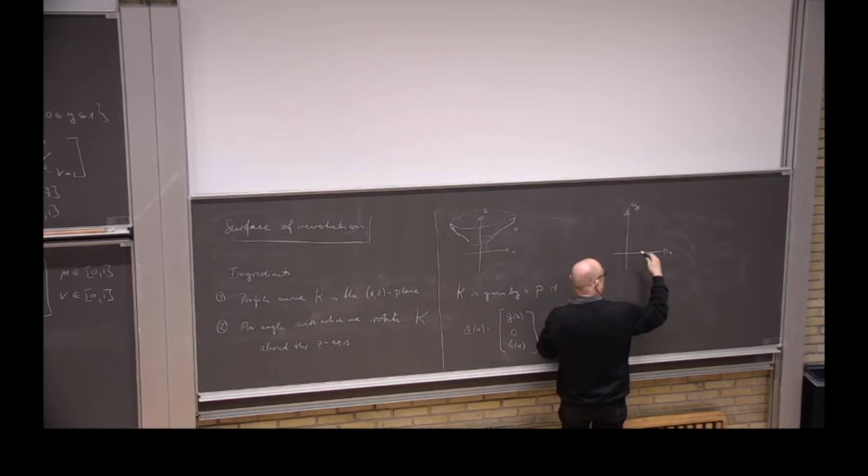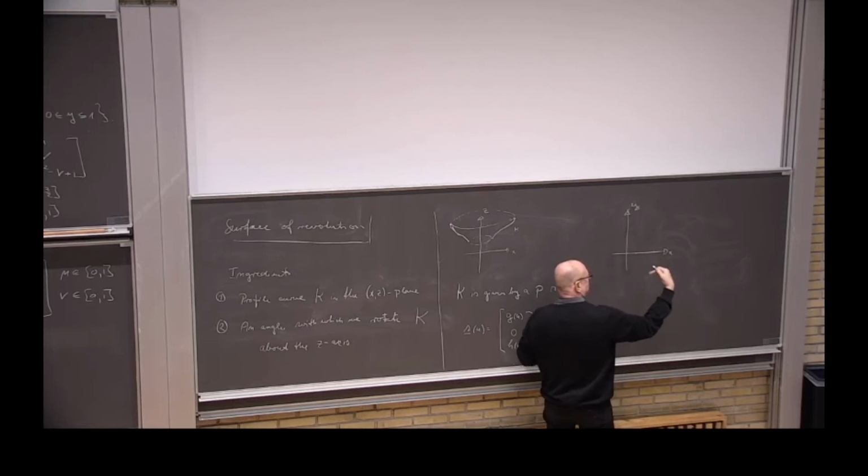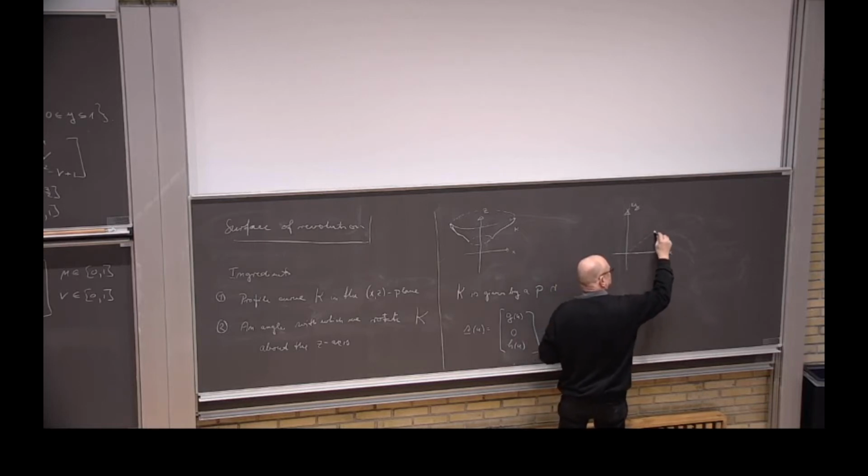So imagine vertically above the plane of the blackboard, you have your curve between these points here. This is your profile curve. It's up here in space. And then you rotate it. Say you have rotated it some angle v.